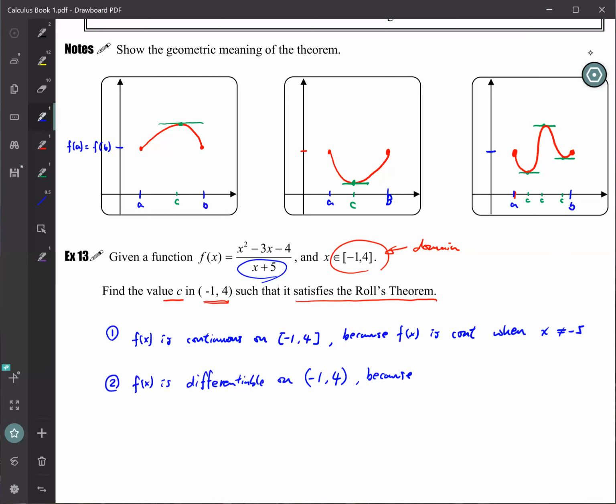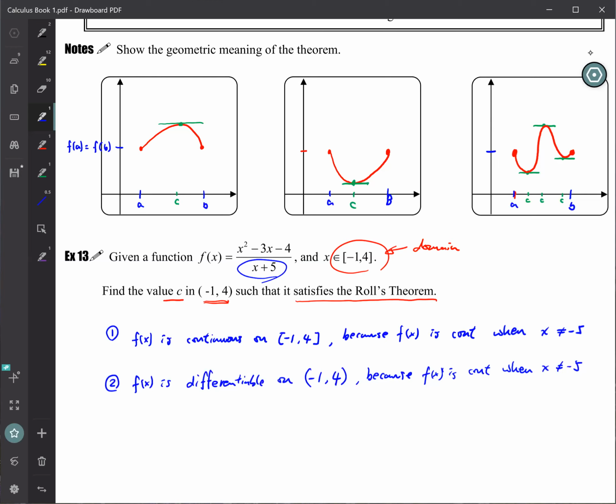Okay, so this one actually is using a similar reason. You can say because f of x is continuous when x cannot equal -5, because that's the only place that has a vertical asymptote, right? Not differentiable means it's not differentiable at the 4 places, right? Cusp, jump, endpoint, and also vertical tangents.